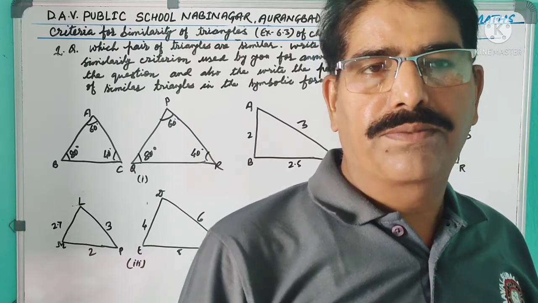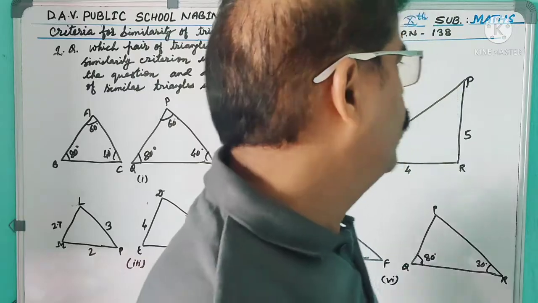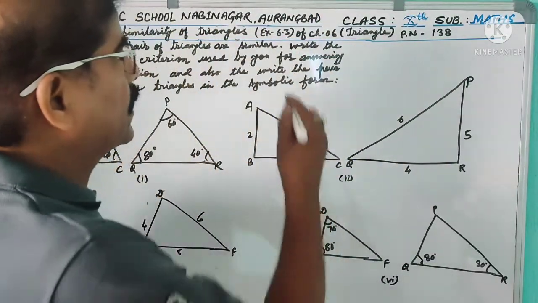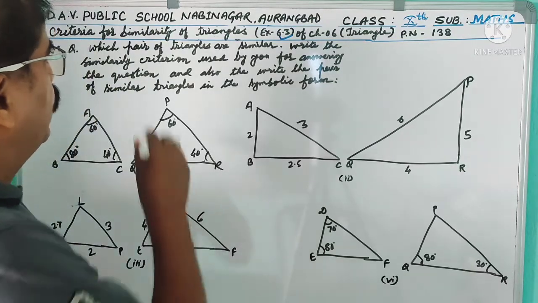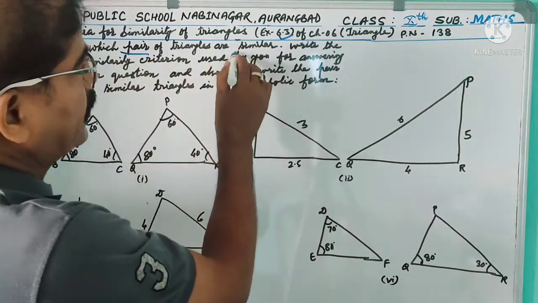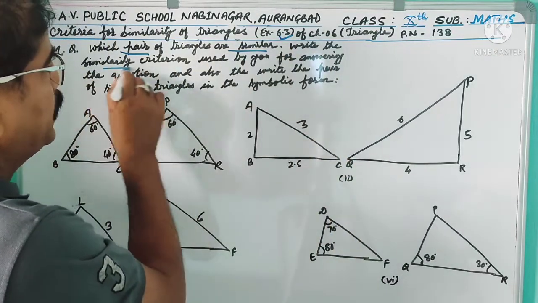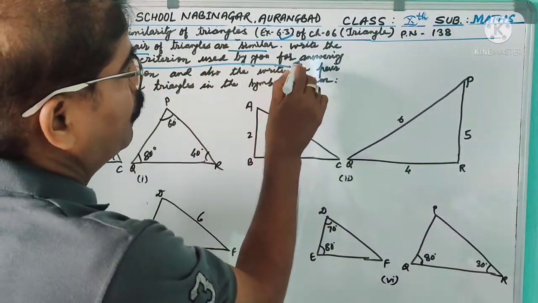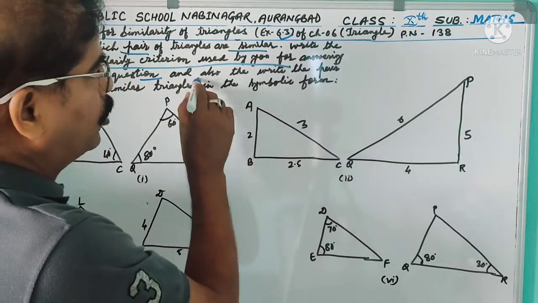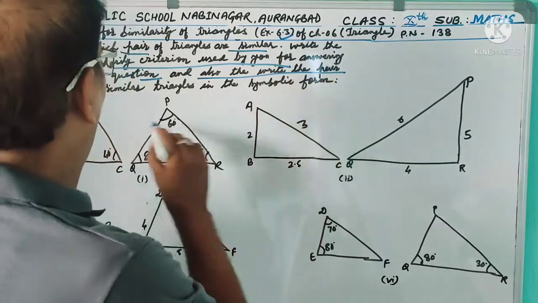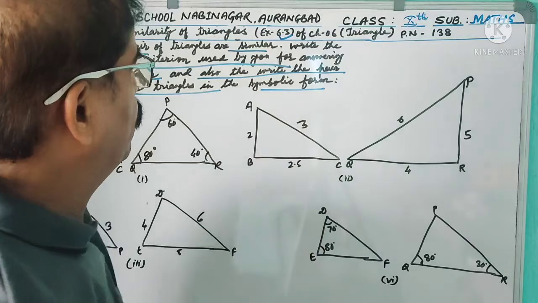So, let us move towards your first question of exercise 6.3. Which pair of triangles are similar? Write the similarity criteria used by you for answering the question, and also write the pair of similar triangles in the symbolic form.